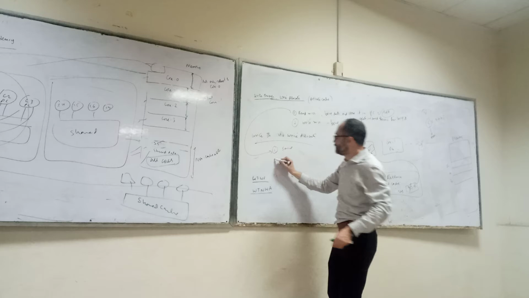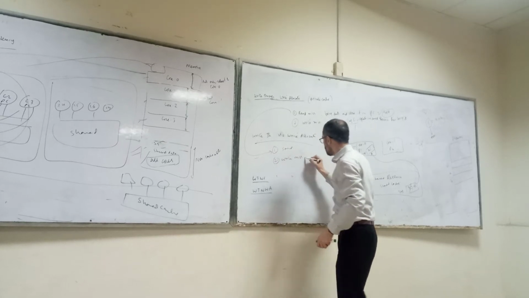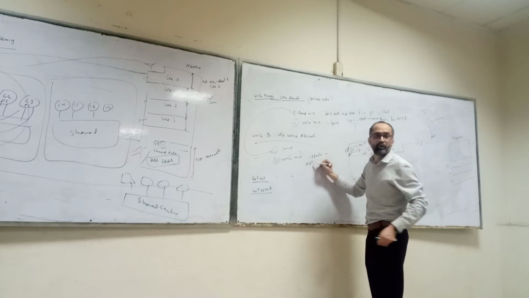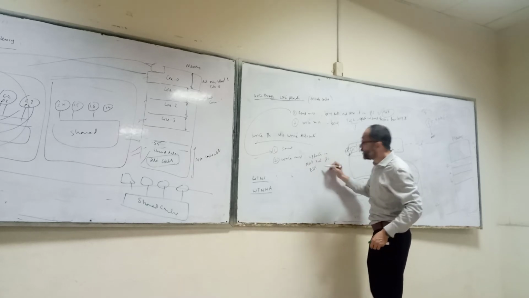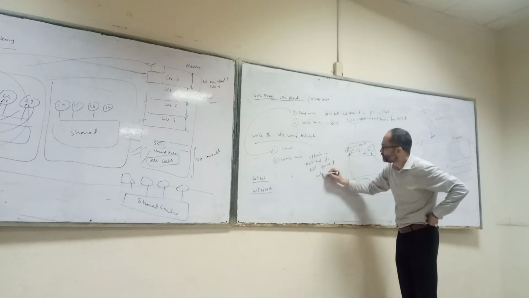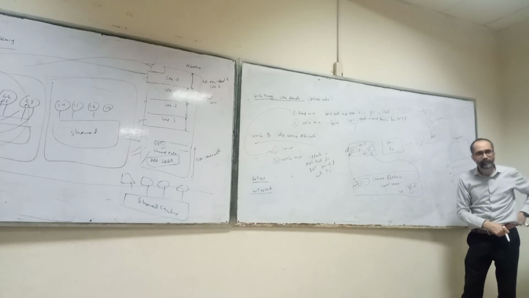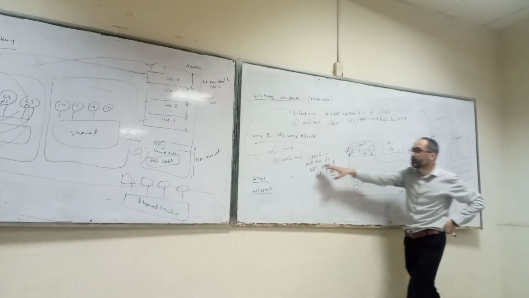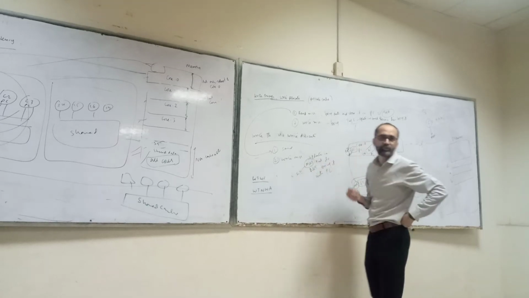So number 2, write miss: update in main memory, but do not bring it to the cache, into the private cache. Okay? So the write is updated into main memory, or it can be a shared cache.